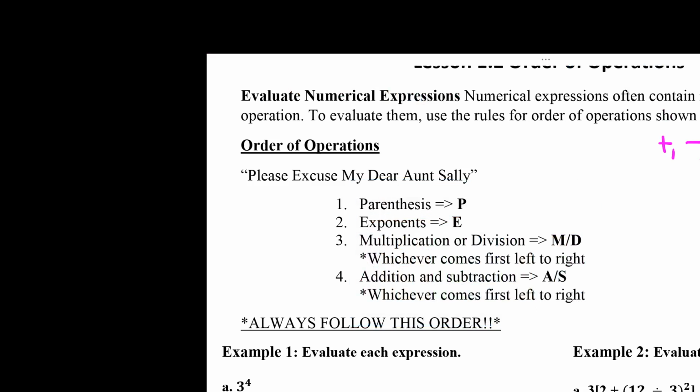If multiplication is first, then you need to multiply. The same thing with addition and subtraction, whichever comes first from left to right. Does anyone have a question up to this point? PEMDAS, please excuse my dear Aunt Sally.